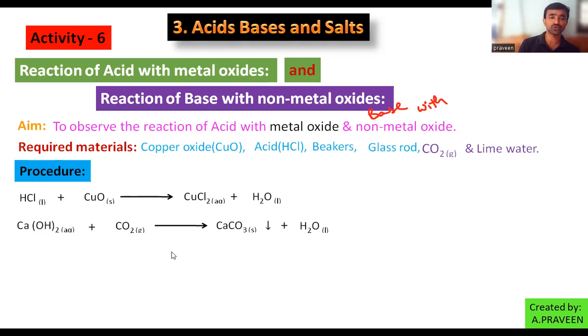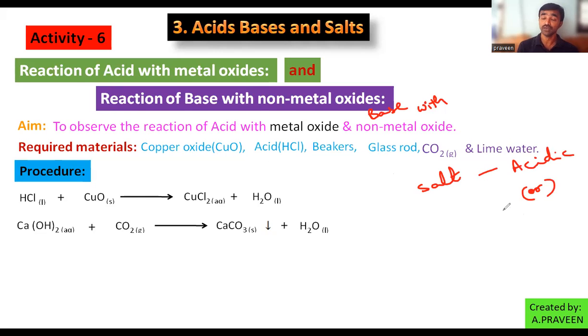These are also given as examples of neutralization reactions. Depending on the strength of the acid or the strength of the base, the nature of the salt may change to acidic or basic. It depends on the strength of the reactants.